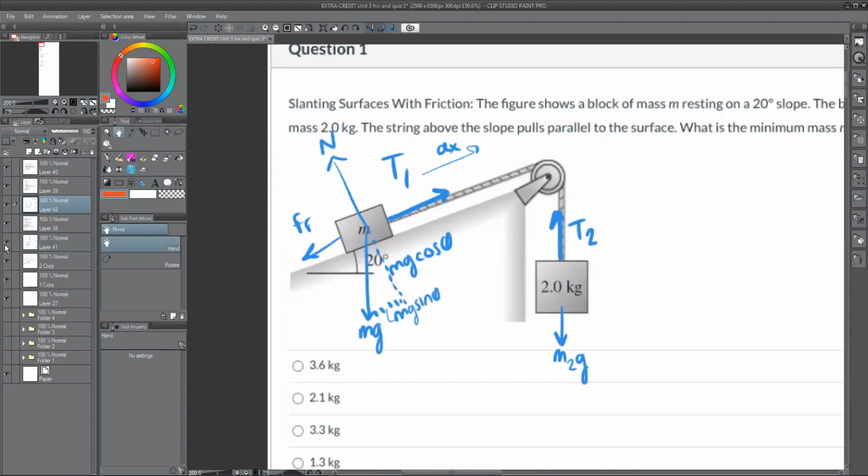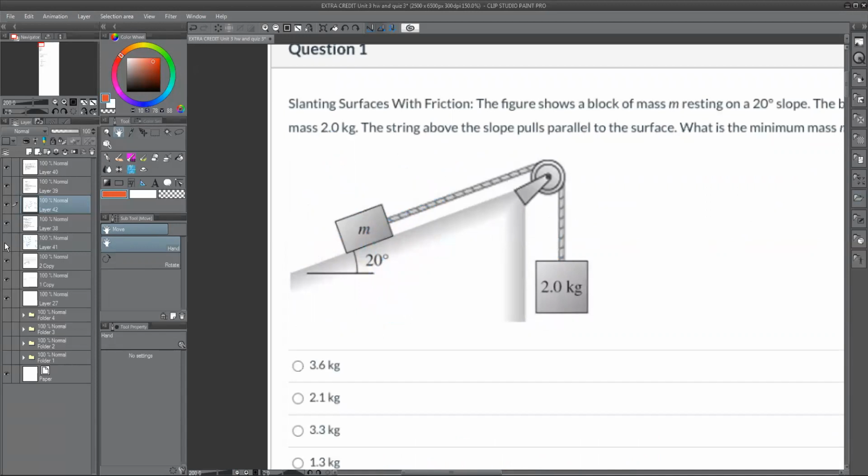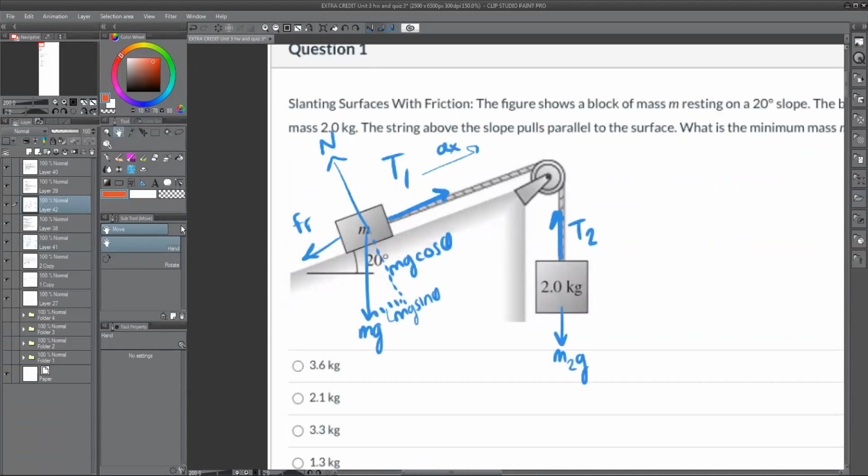So this is what it looks like without any of the annotations. We know that the tension of the string goes up in this direction, and so does the acceleration, but the acceleration is not going to be very big considering that it's at rest. And then the tension of this block is holding up this block over here. It's tension 2.